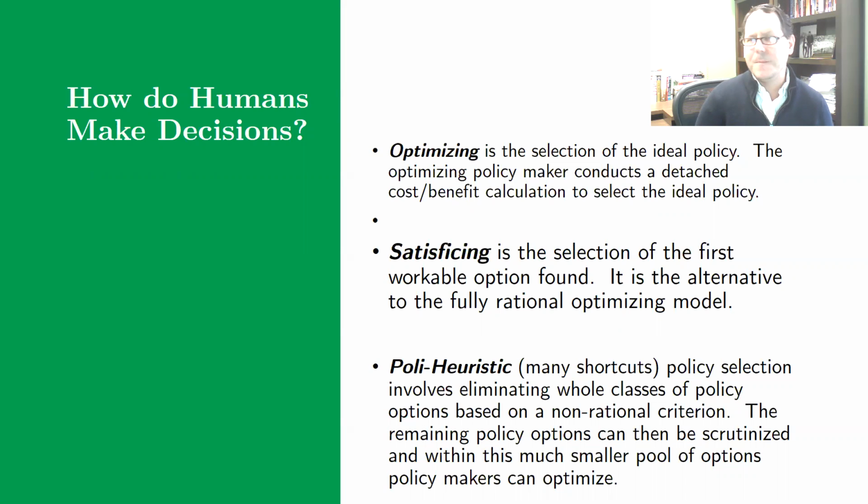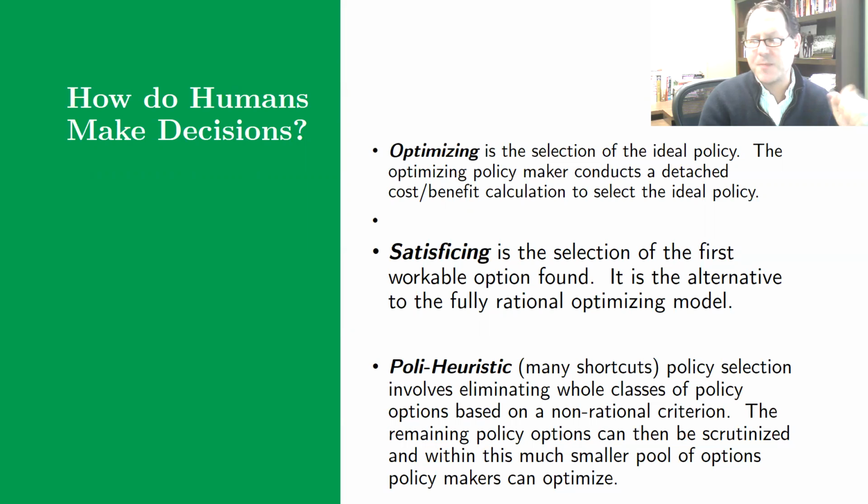So when I'm looking for a gas station, I don't pull up my GPS and look at all the gas stations in Grand Forks where I live and look at the prices and consider all the different variables. Instead, I typically just go to the first one that I see that's reasonably convenient. I'm satisficing. We could also think about human decision-making as sort of a mix of satisficing kind of impulses and optimizing.